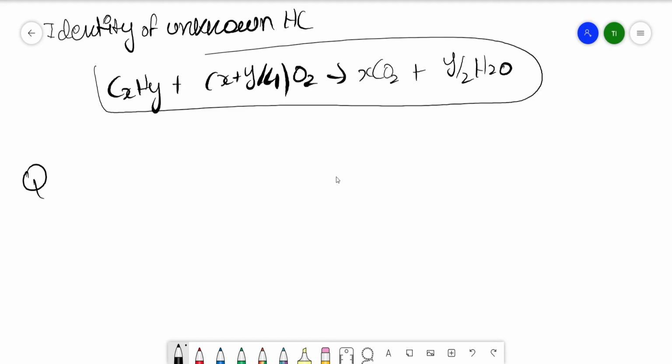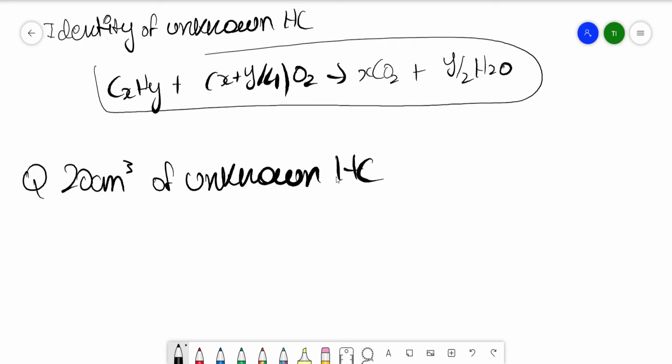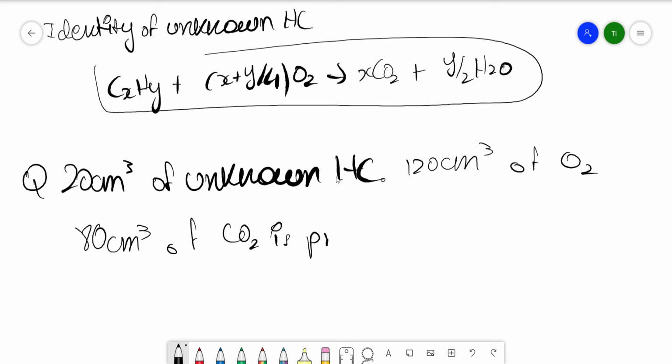So simple example, 20 centimeter cube of unknown hydrocarbon, okay, and 120 centimeter cube of O2, and 80 centimeter cube of CO2 is produced, all at RTP. So what is the identity of the unknown hydrocarbon?